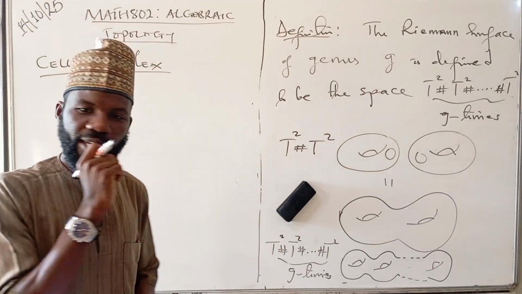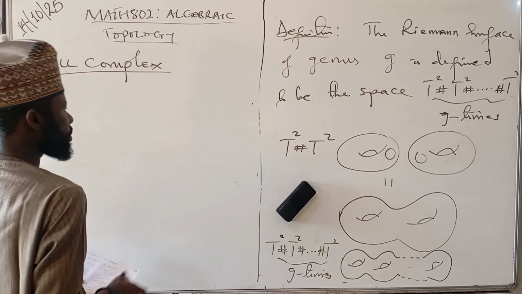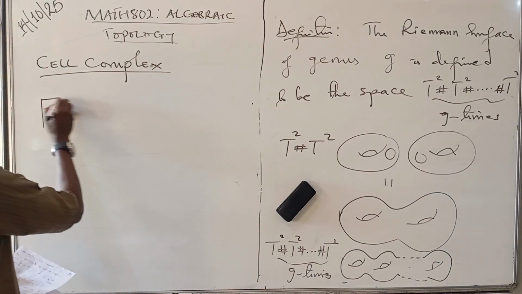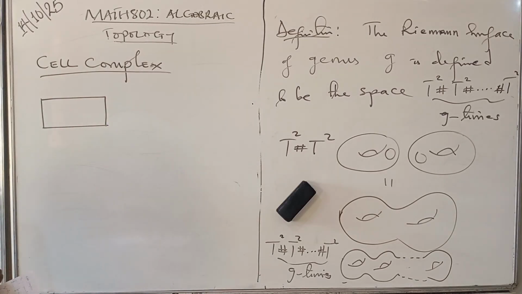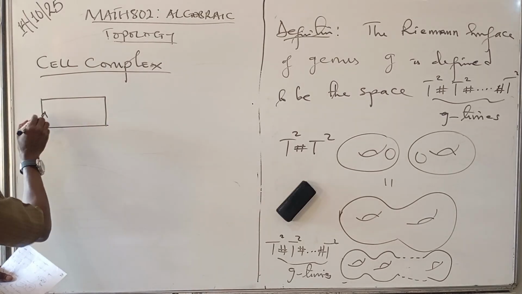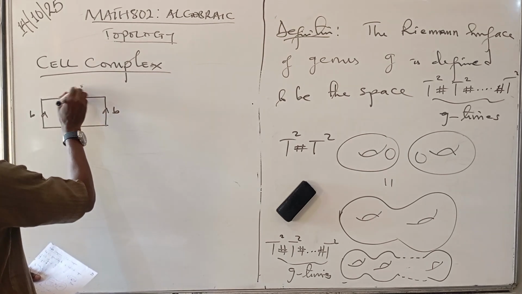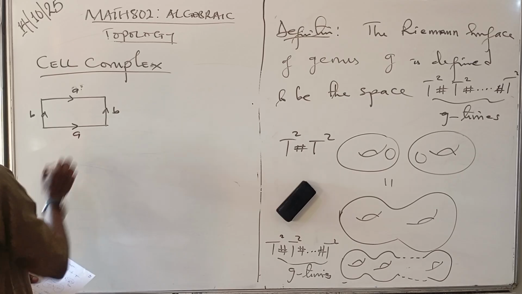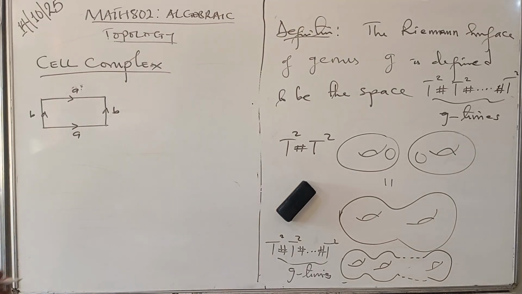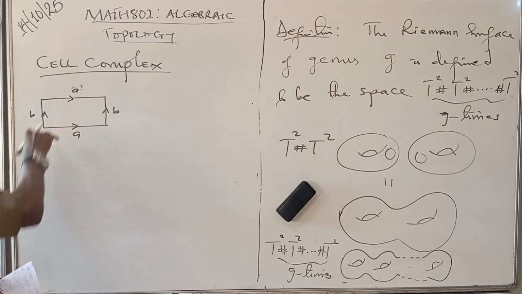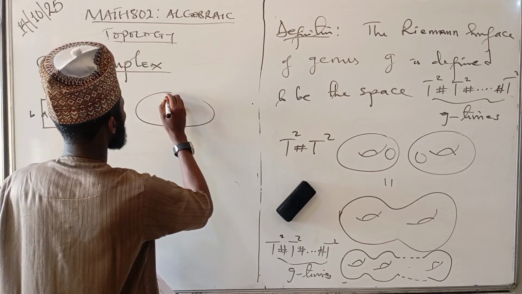You remember when we constructed the torus as an identification space, we looked at this square or rectangle, and then we identify the edges going in the same direction. So first of all, we folded this to form a cylinder, and then we fold it like this. And at the end of the day, we obtain a torus.